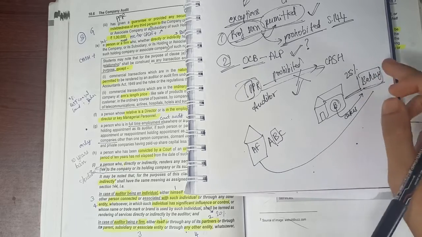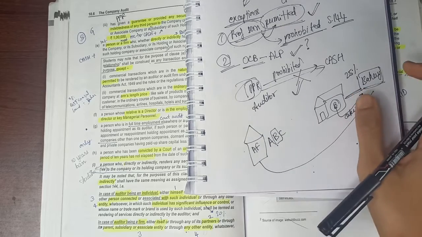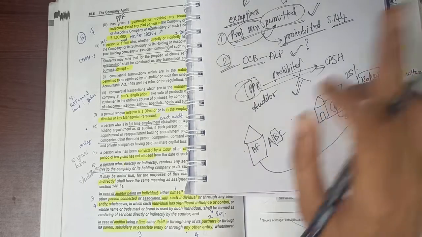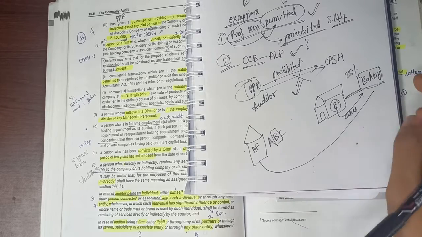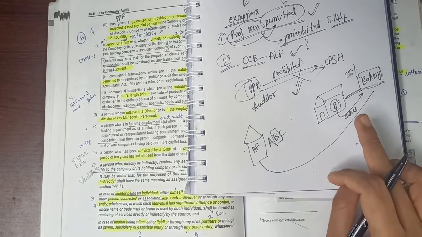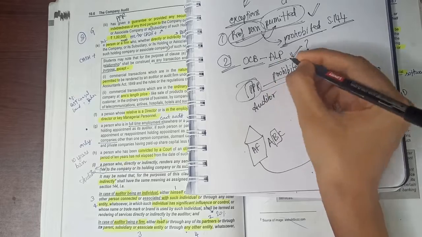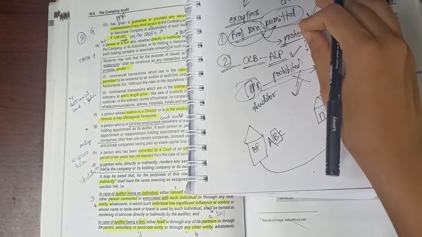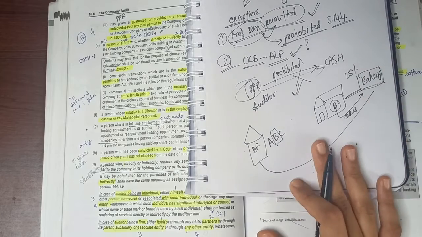That means the bakery sells cake only to other customers also. So that is his ordinary course of business. But to the other customers he never gives a discount. Only to me he has given a discount. That means it is not at arm's length price. Arm's length price is whatever he charges other customers, the same amount he has to charge me.